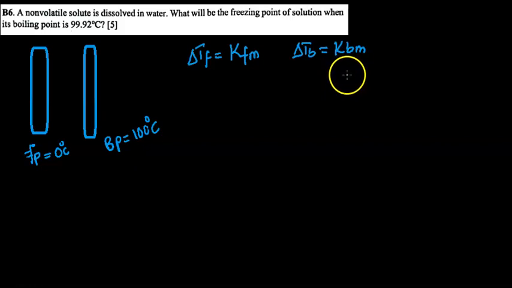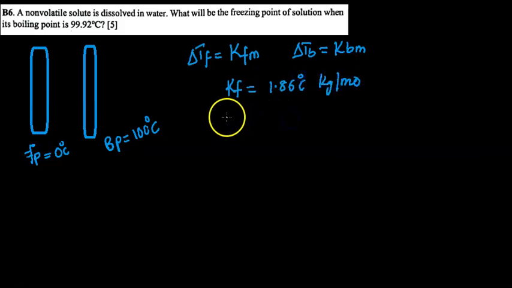So KF is 1.86 degrees Celsius kilogram per mole, and in the case of KB, this is 0.512 degrees Celsius kilogram per mole.